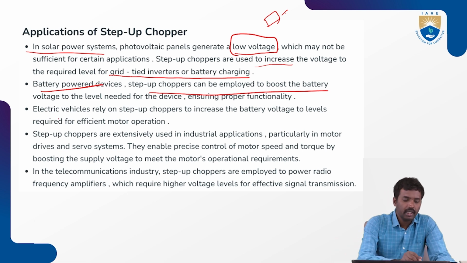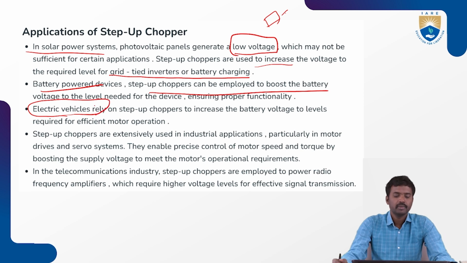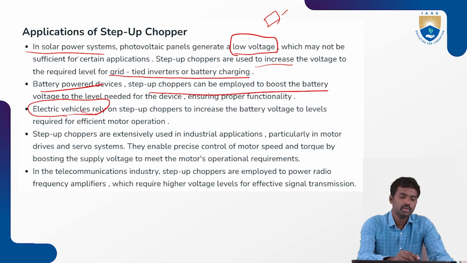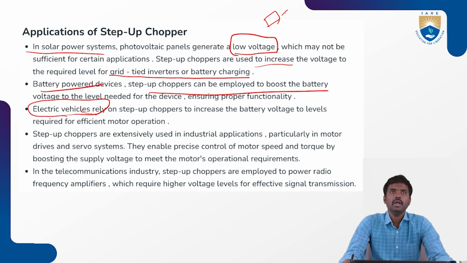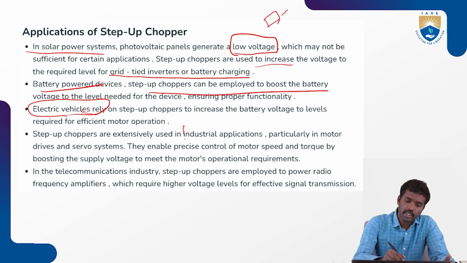Next, the third one, electric vehicles, this is important. Step up choppers are used in electric vehicles to increase the battery voltage to required levels, for efficient motor operation.